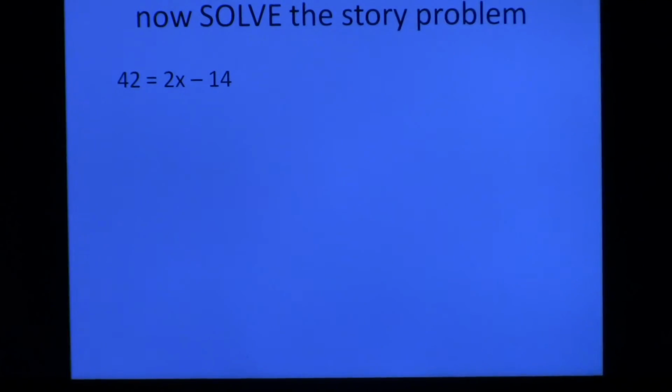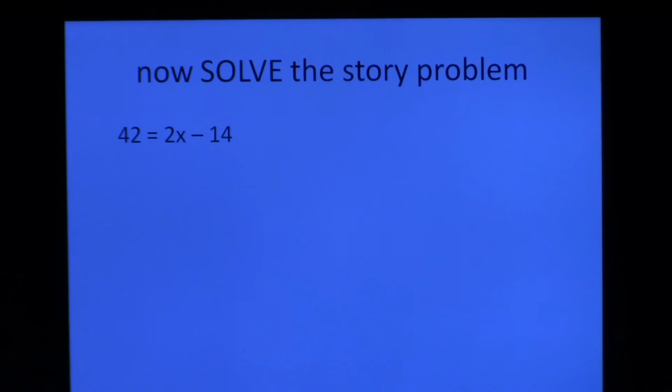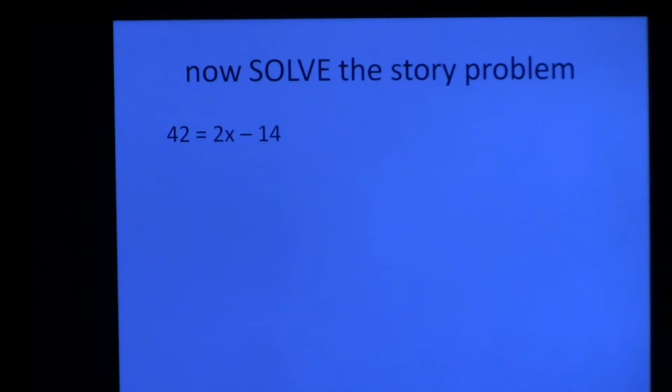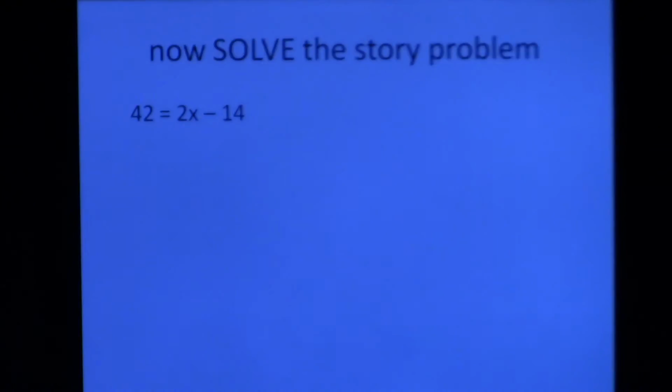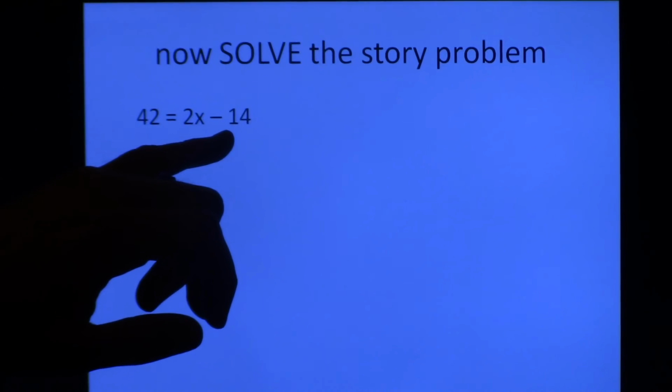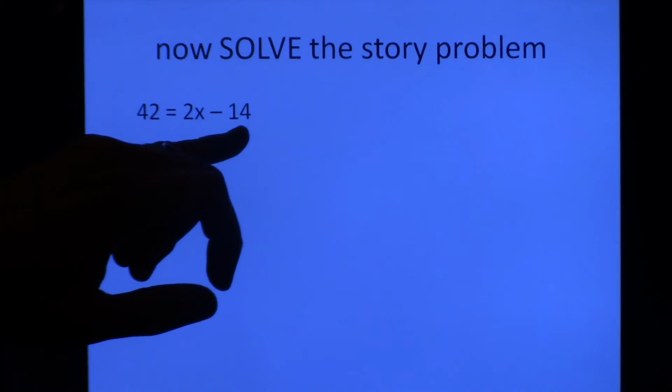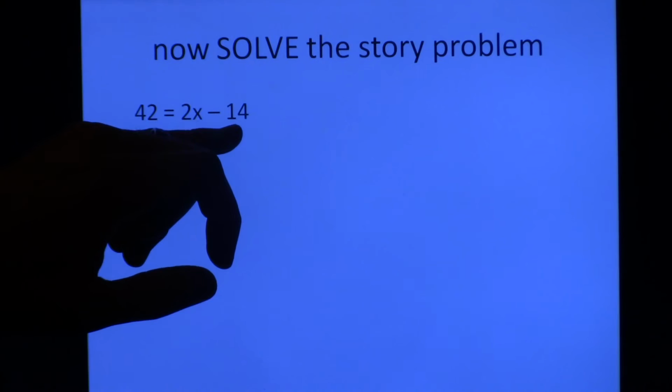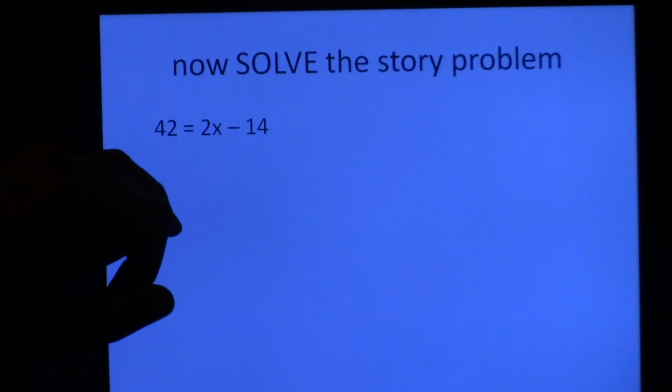So I want you guys to solve that on your piece of paper. Should be pretty standard. We have a minus 14 that we need to get rid of. We're always going to try and get rid of anything that's not attached to the x first.